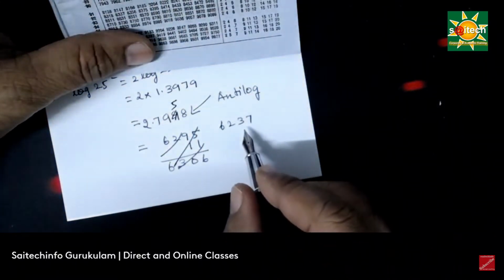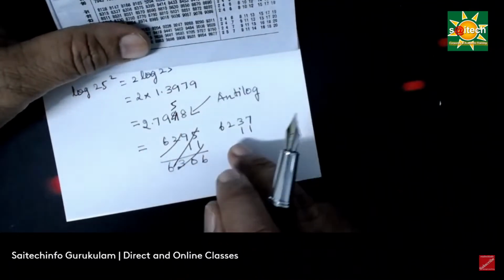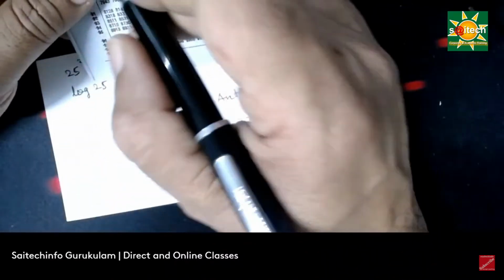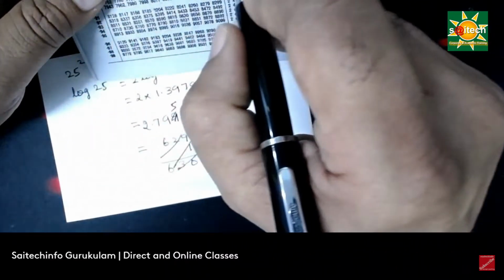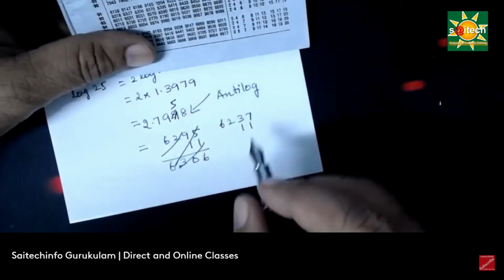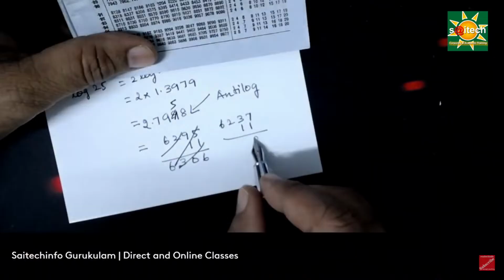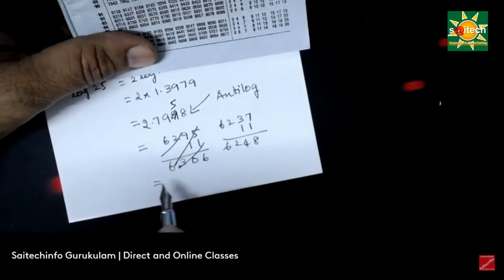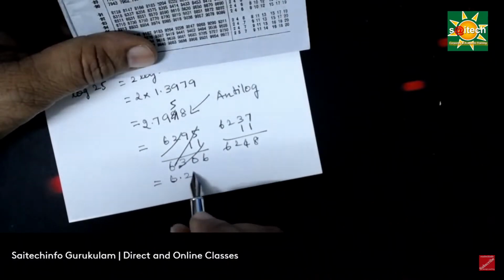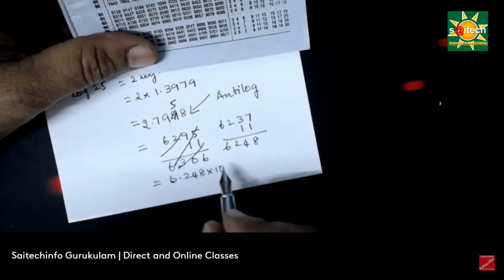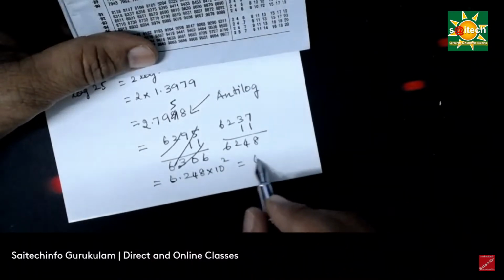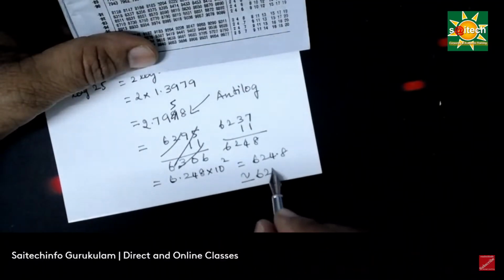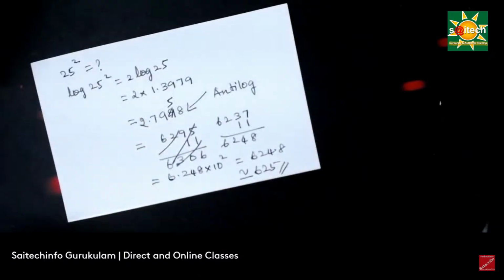Are you sure? 7958. 8 means 11. So now you have 6248. So our value is 6.248 into 10 power 2, which is nothing but 624.8, roughly 625. So 25 squared is 625. Got it? Okay.